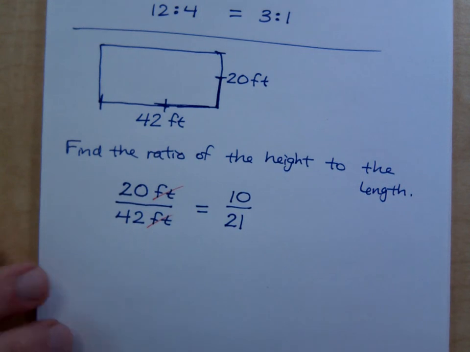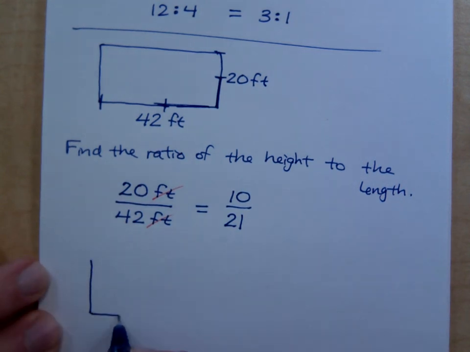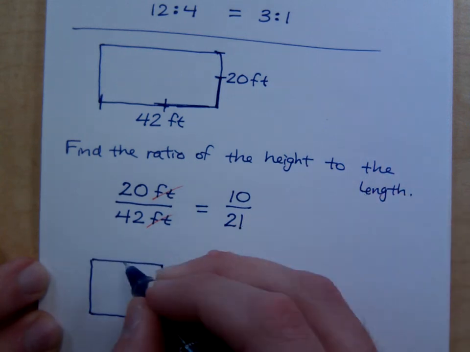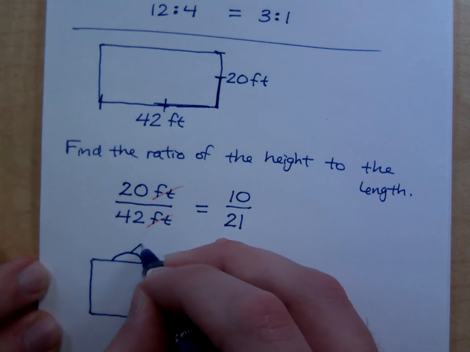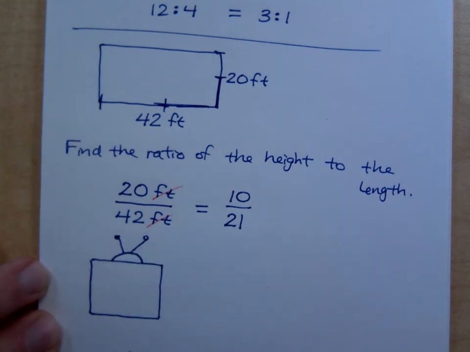Now, here's some fun information for you. If you're talking about a normal TV set, maybe it looks something like this, there was a ratio that was defined for these normal TV sets, and the ratio was 4 to 3.